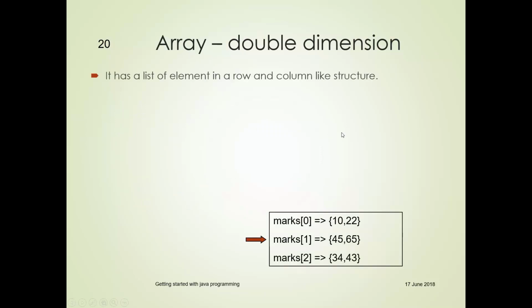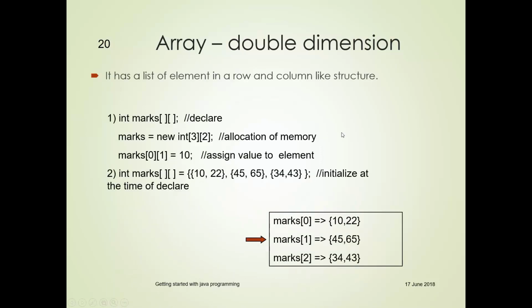Now there is something called a double dimension array. What is a double dimension array? Double dimension arrays are a little bit more complex, and more useful also, where we are going to store multiple rows of data.